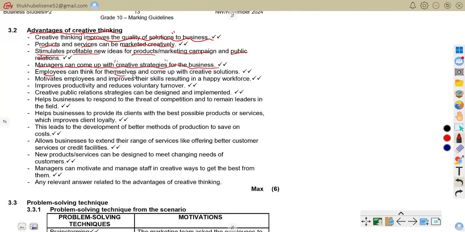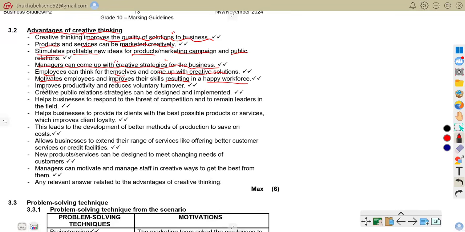Employees can think for themselves and come up with creative solutions because you have allowed them to come up with their ideas. Now they can freely come up with what? Creative solutions. Also, it motivates employees and improves their skill, resulting in a happy workforce. Workers feel valued when their ideas are heard.